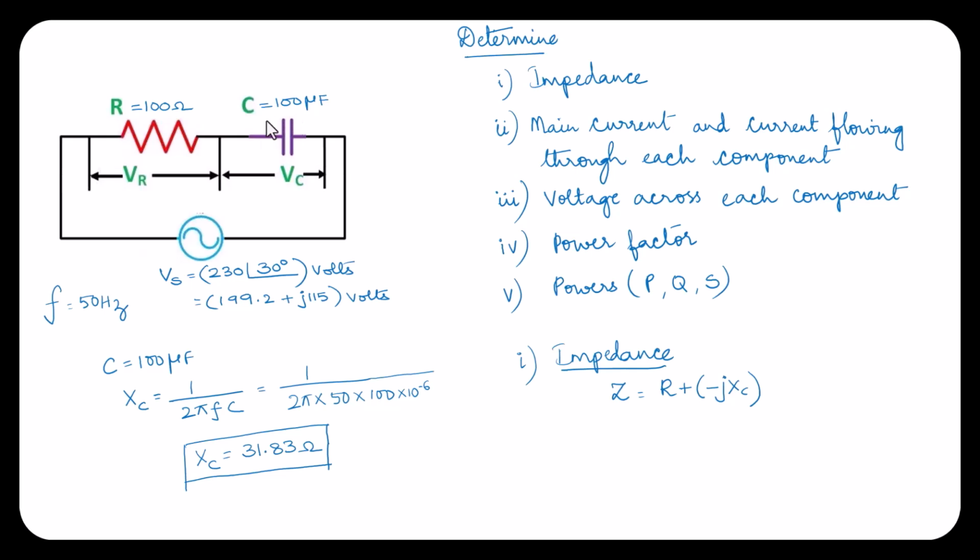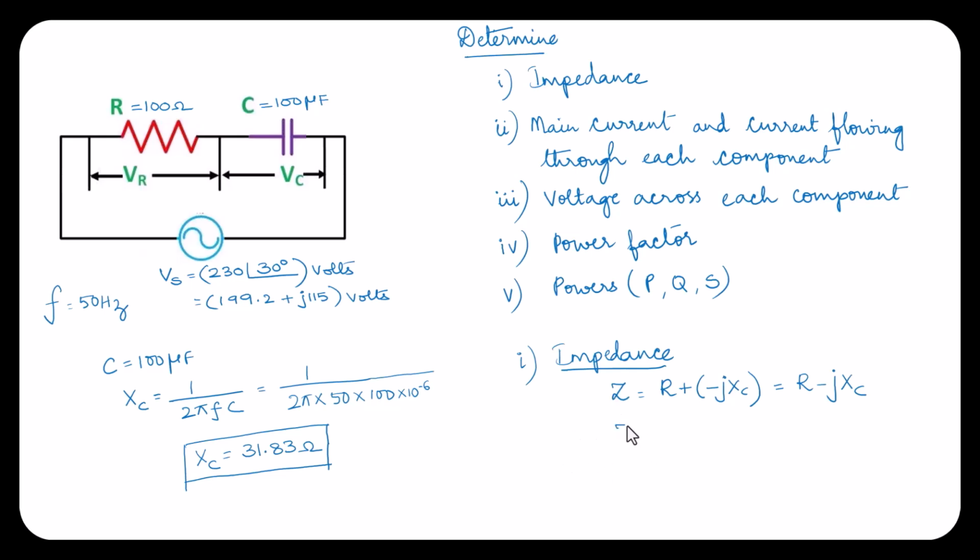When we have a capacitor connected in series with a resistor, I have to make sure that I use a negative sign attached with the J operator. So this can also be simply written as R minus JXC. So this is the standard form of impedance representation for RC series circuit.